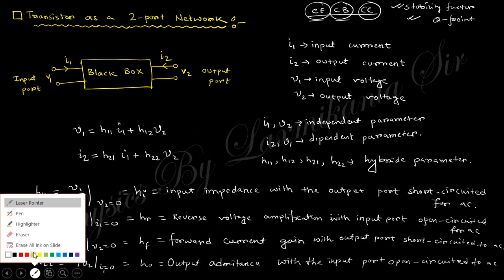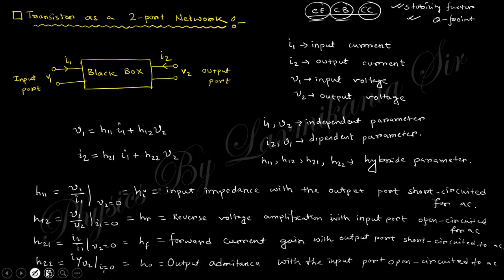So why is this called hybrid parameter? H means hybrid. It is called hybrid parameter because you can see here all the H's, that is HI, HR, HF, HO, the four are different parameters. One is impedance, another one is voltage gain, then the current gain, then the admittance.